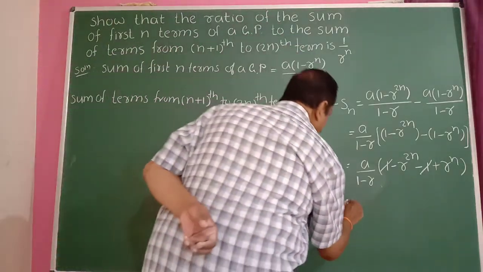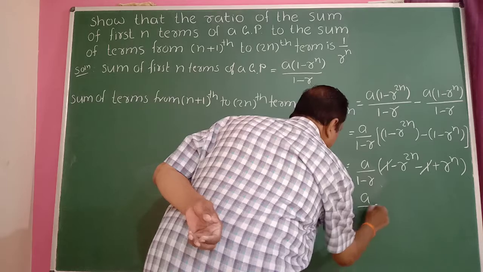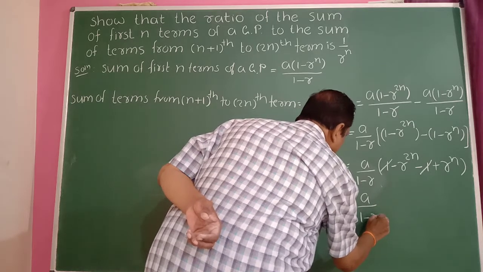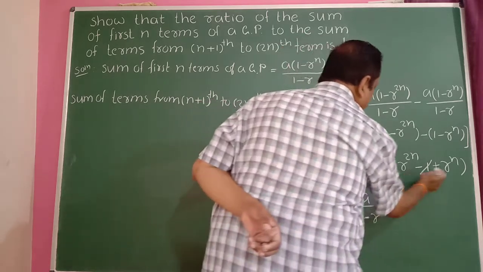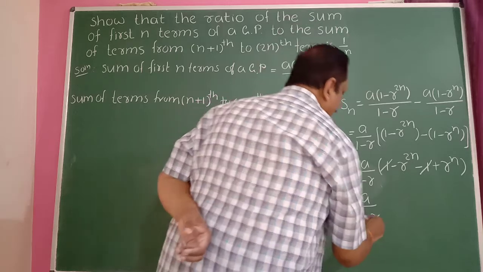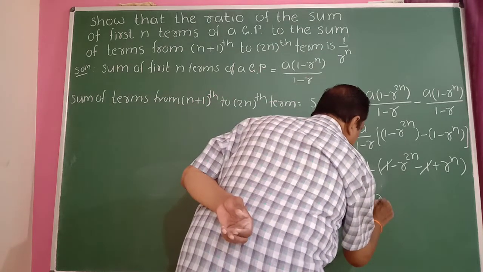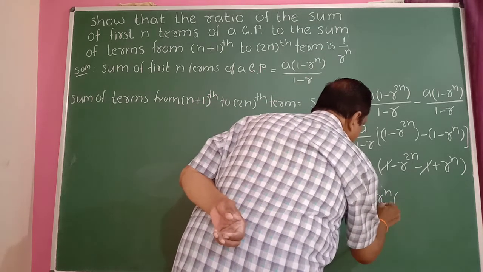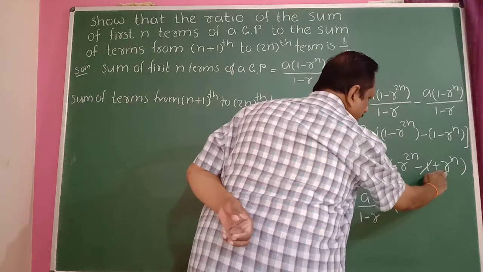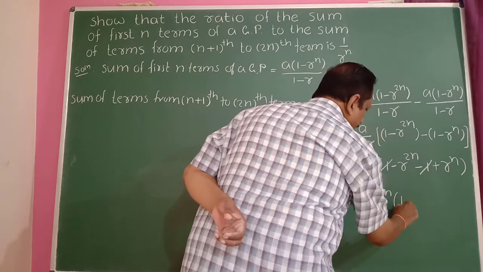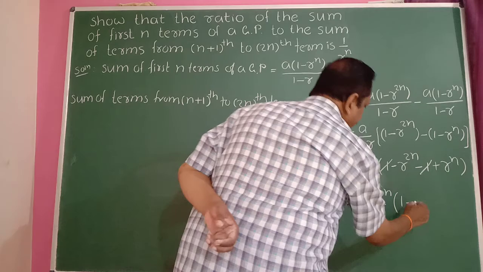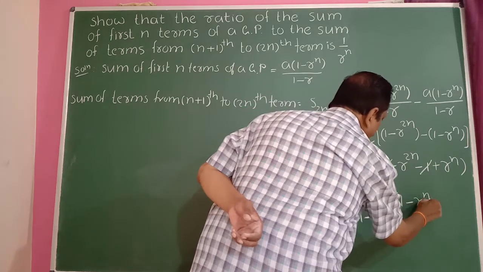Then this is equal to a divided by 1 minus r. From these two terms, r to the n is the common factor. Then the remaining term is 1. R to the n is common, so write 1 minus this becomes r to the n.